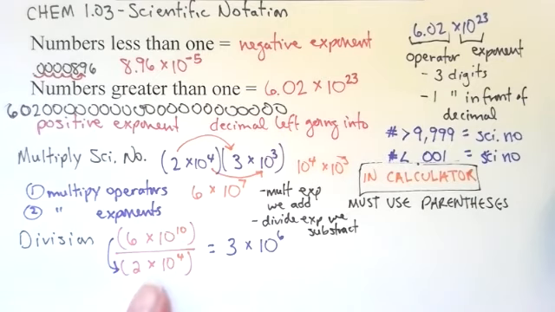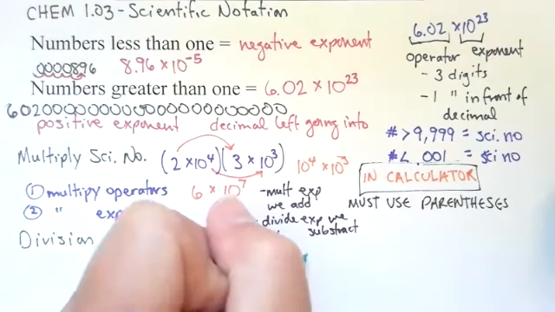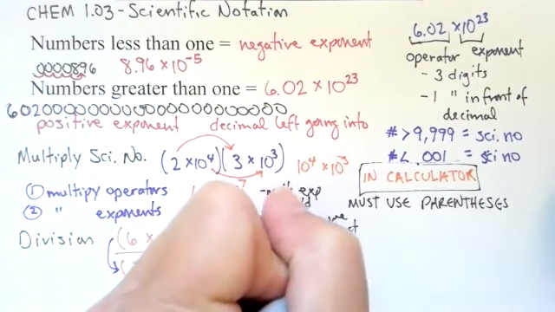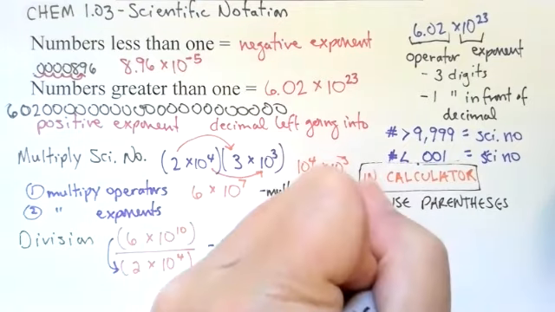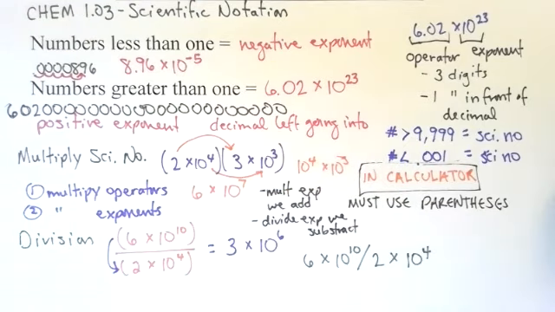And this is where it really matters if you don't put that in parentheses when you enter it into your calculator. So when you enter this into your calculator, you have 6 times 10 to the 10th, and let's say you don't use parentheses, divided by 2 times 10 to the 4th.